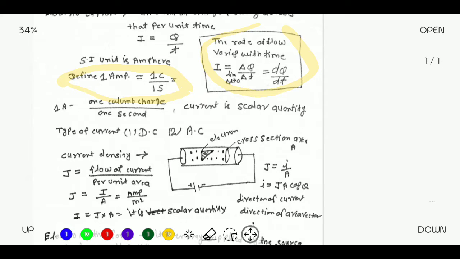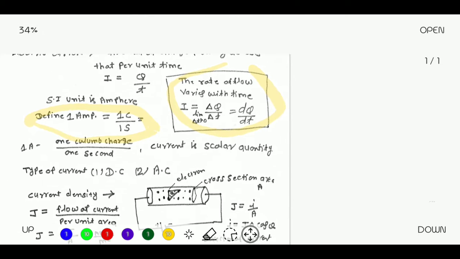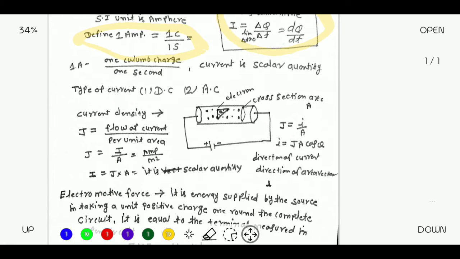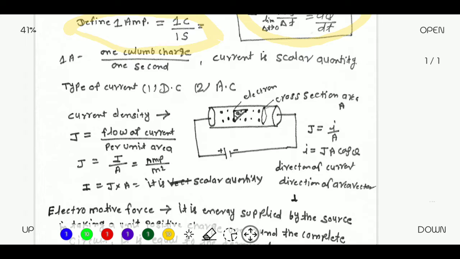After that, we will discuss current density. Suppose electrons flow in a conductor with cross-section area A and length L. Current density is defined as the flow of current per unit area.